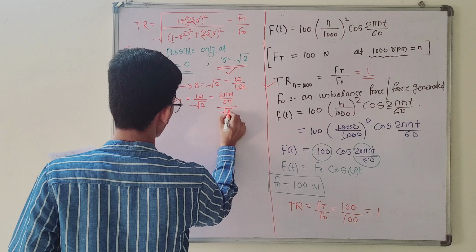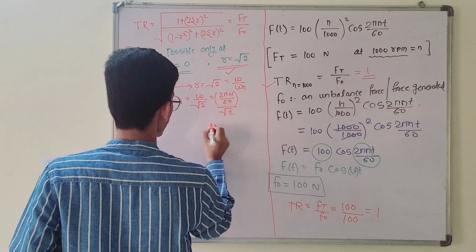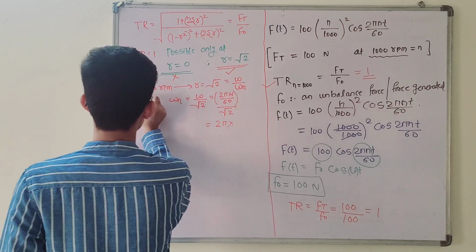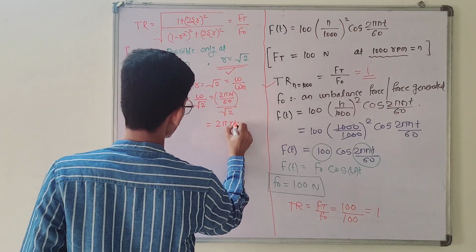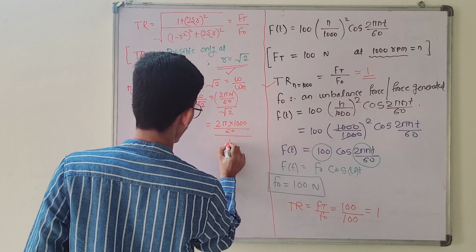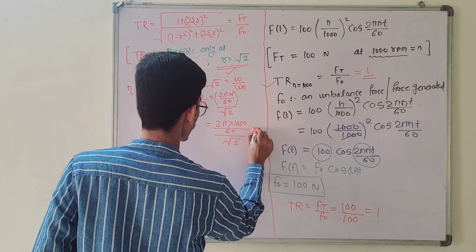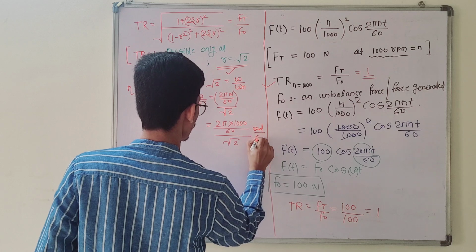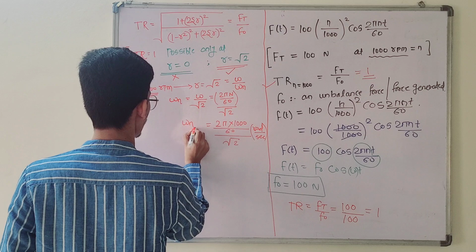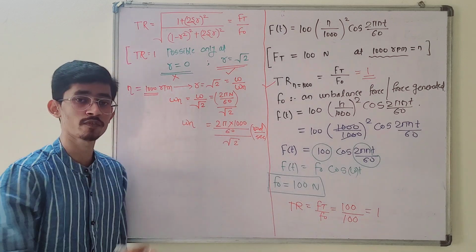So we put 2 pi into the value of N, 1000 rpm, divided by 60, and again divided by root 2. This answer is in radians per second. This is your omega n, the natural frequency at N equal to 1000 rpm.